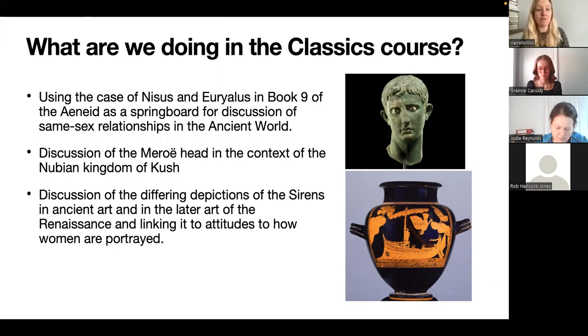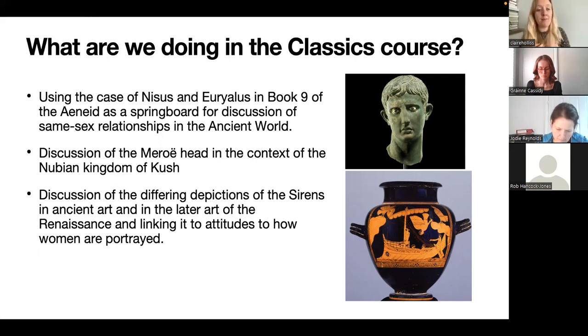So thinking about how people would have read this story, how it might have been received in different societies, adding an extra dimension to the text by looking at its context, and therefore representing a really interesting theme in discourse about the classical world.